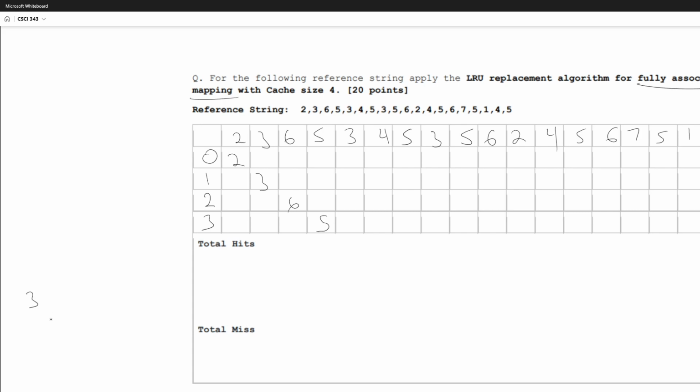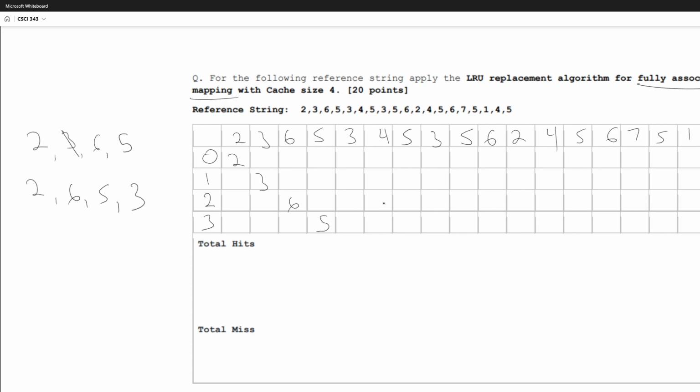So 2, 3, 5. And then 3 is a hit, but then we have to move it to the front. So now it's 2, 6, 5, 3.